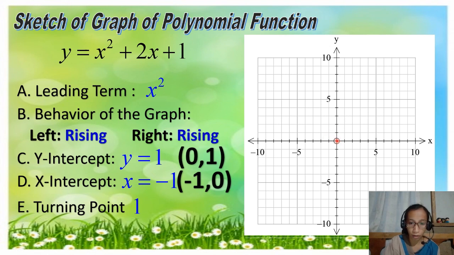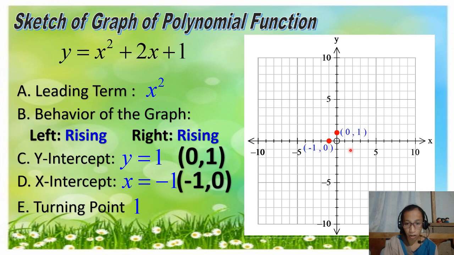From 0, ang y is 1, so akyat tayo. Dito yung point natin. And then, (negative 1, 0). From 0 dito, count tayo ng negative 1 sa left kasi negative, and then 0. So, ito yung dalawa nating point na gagamitin natin sa ating pag-graph: (0, 1) and (negative 1, 0).